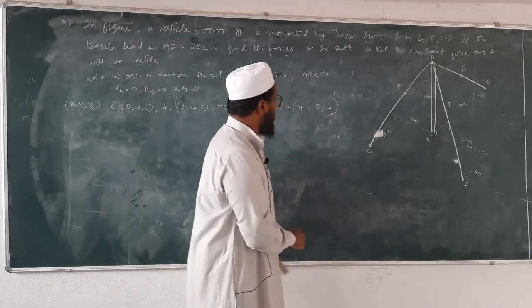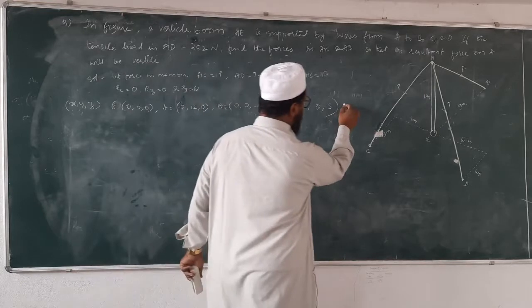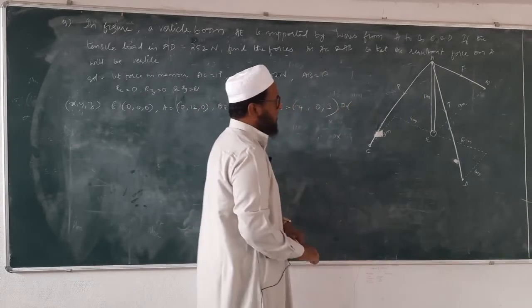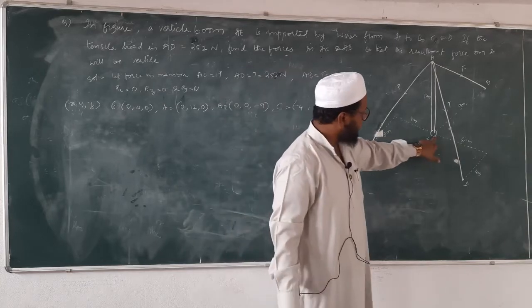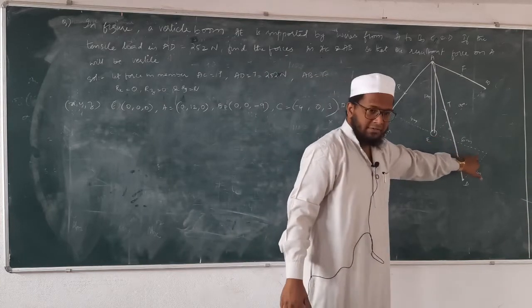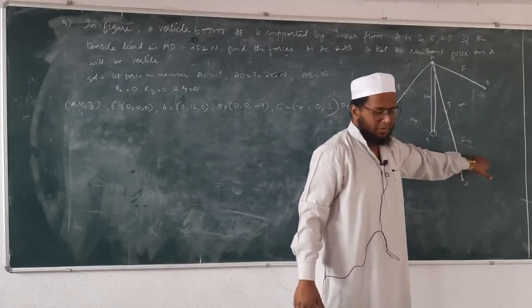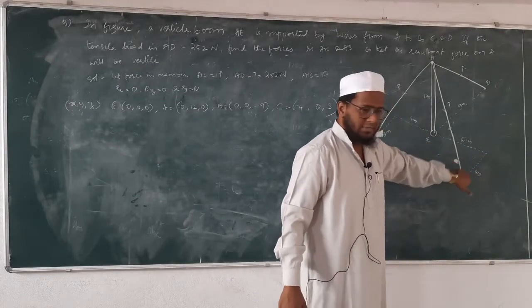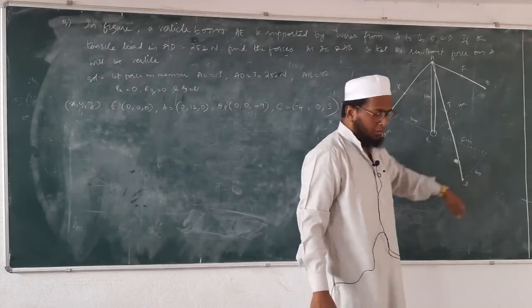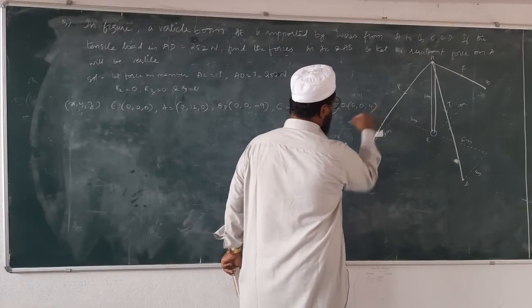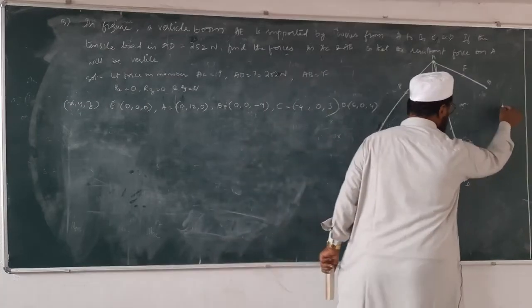Understood? Yes. Next is point D. We'll write here only. For point D, I am moving on the positive x-axis 6 meters, then on z. Z is positive, right? Below x. So 6, 0, 4. It is somewhat like this. See here.